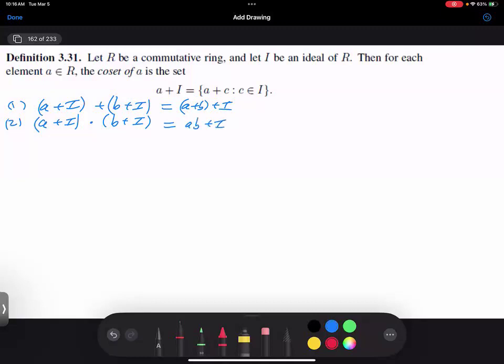So for example, let's say we take R to be the integers, and let's take I to be multiples of 12. Then 8 plus 12Z plus 7 plus 12Z, what would that equal?